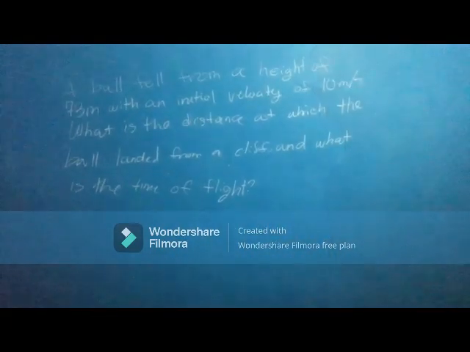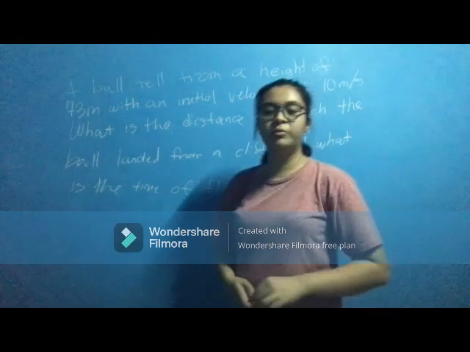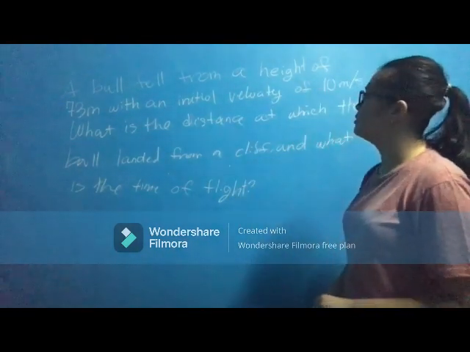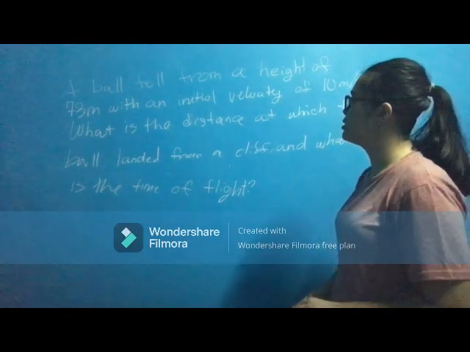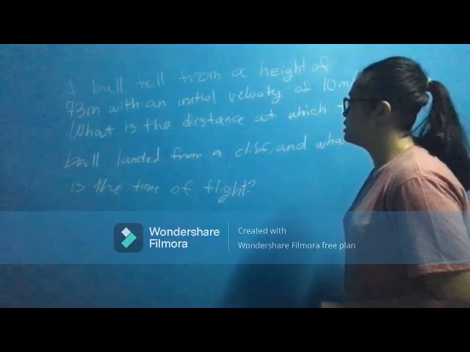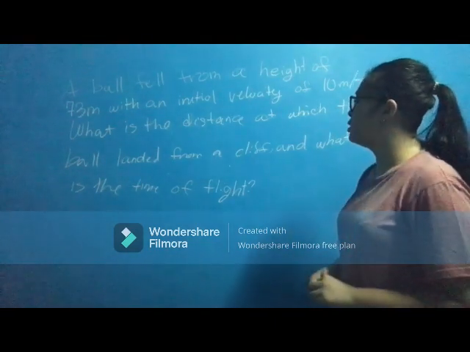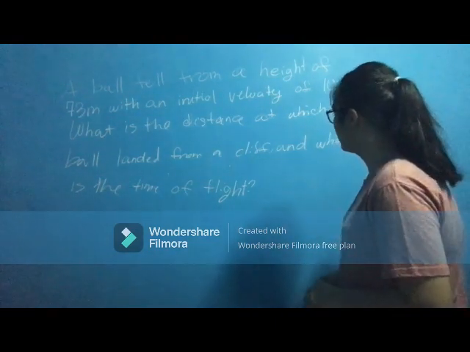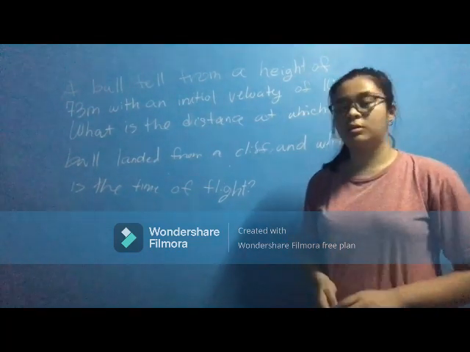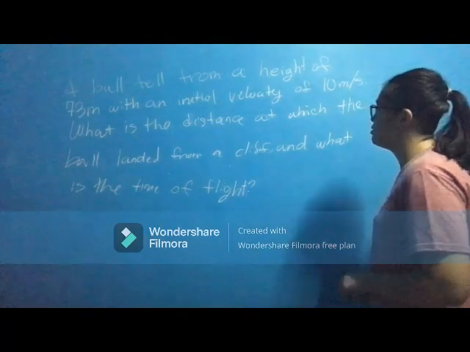This is our problem for motion in 2D. A ball fell from a height of 73 meter with an initial velocity of 10 meter per second. What is the distance at which the ball landed from a cliff, and what is the time of flight? So these are the few factors that are given to us.